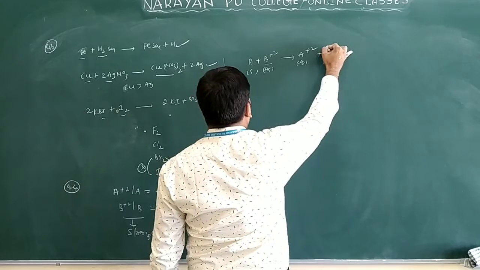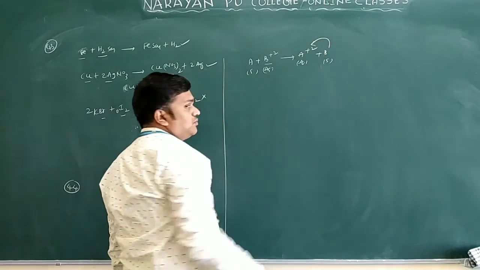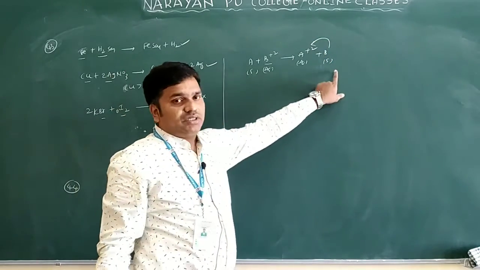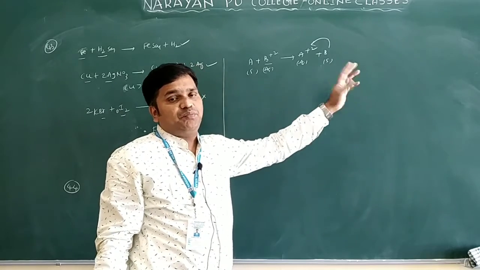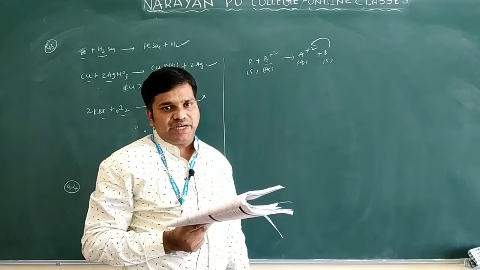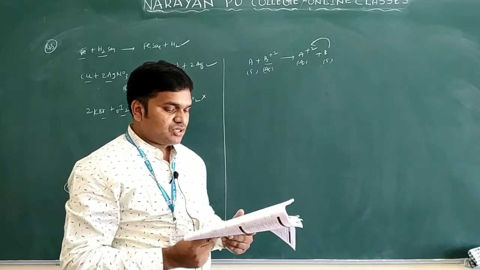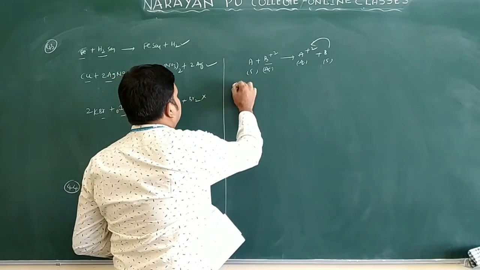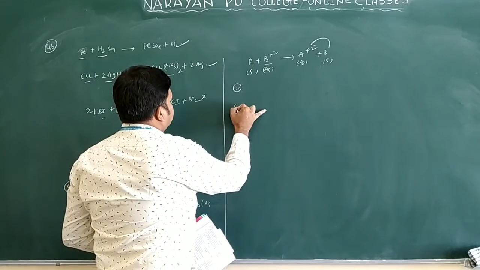So B metal is deposited on A. What is your answer? B will deposit on A, so option 2 is the right answer for this question.